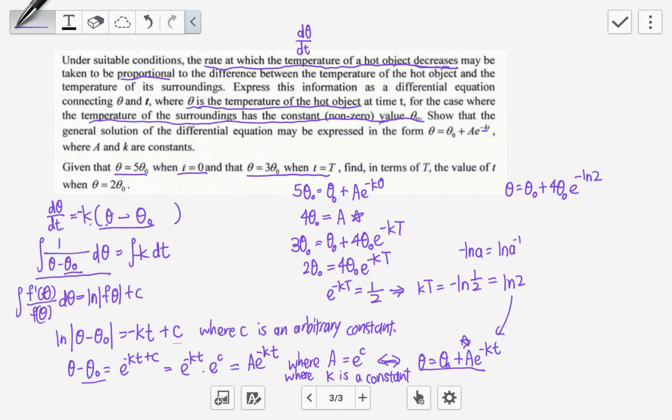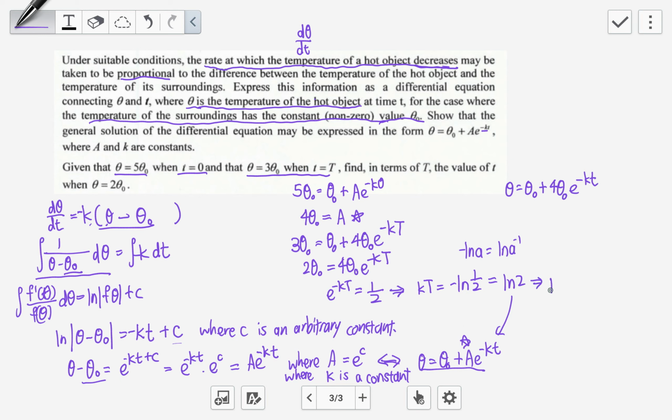Alright, then we are asked to find the value of T. Wait, not right. The T is not the same as this T. This T is a different T. So we have to change it in terms of k, so we need to find our k.